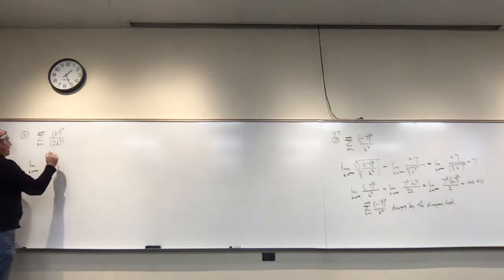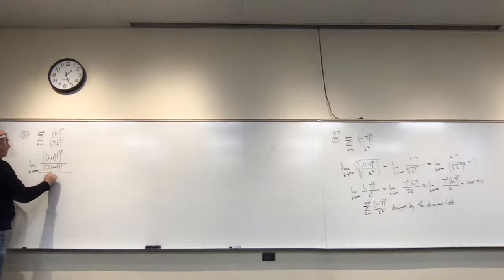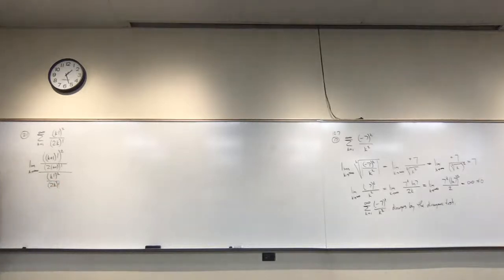The k plus first term would look like k plus 1 factorial quantity squared divided by 2 times k plus 1 quantity factorial, divided by k factorial squared over 2k quantity factorial.